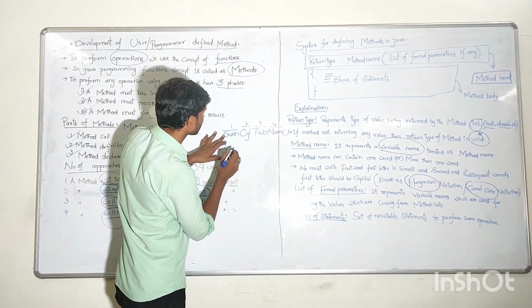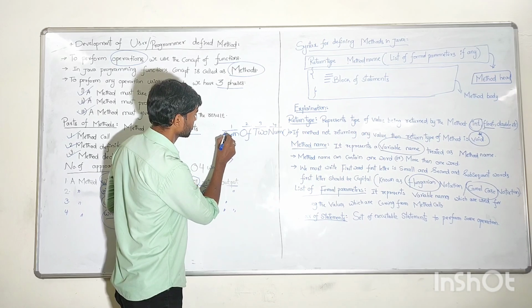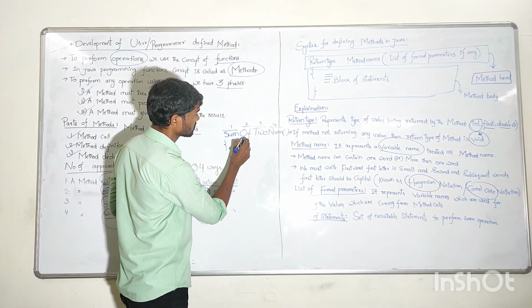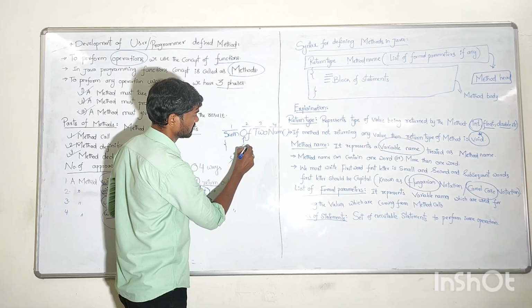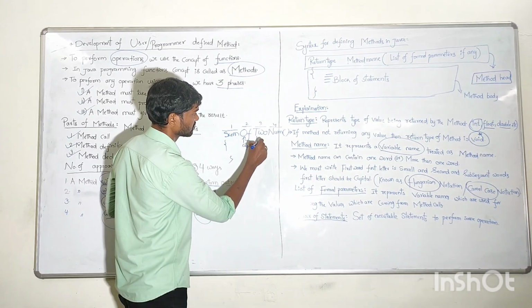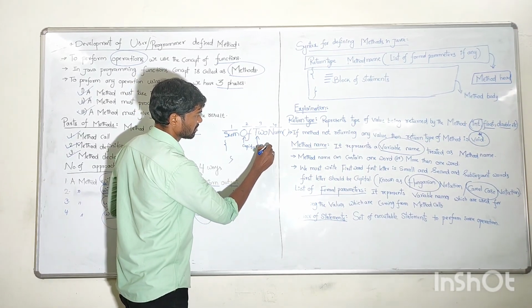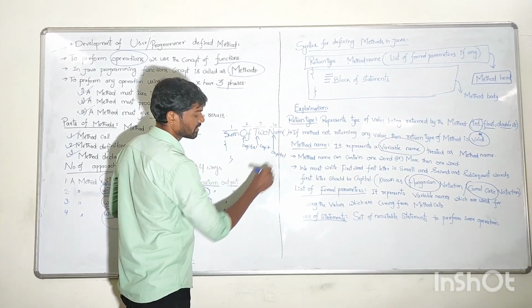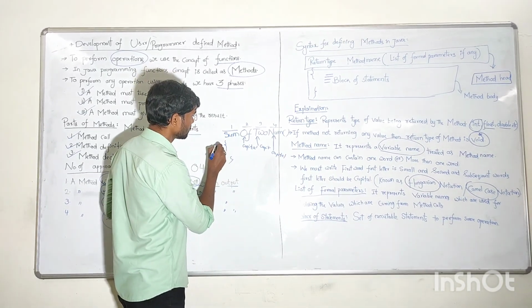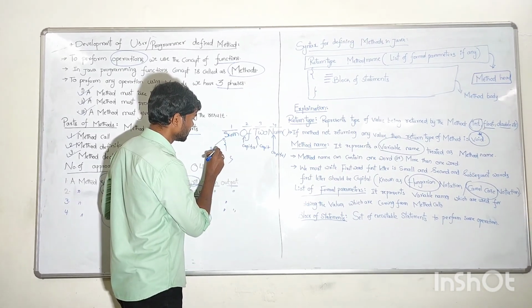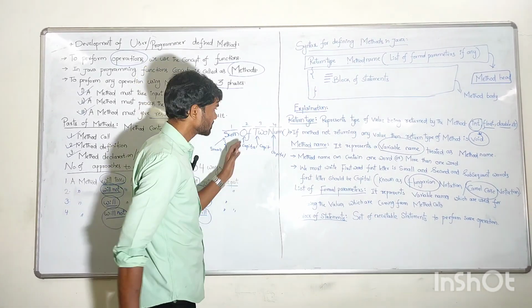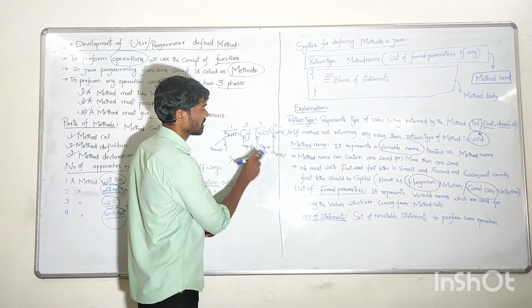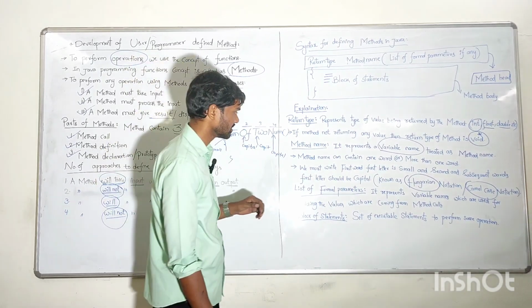The first word's first letter should be small, and from the second word onwards, the first letter should be capital. This should be capital, this should be capital, and the fourth word's first letter should be capital. So Hungarian notation is saying that the first word's first letter should be small, and the first letter of subsequent words should be capital. This is called Hungarian notation.